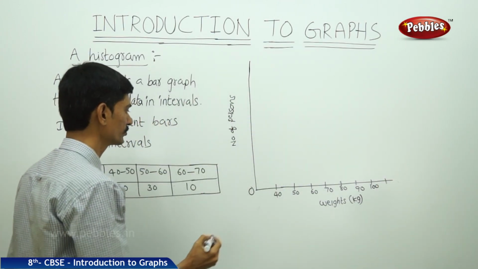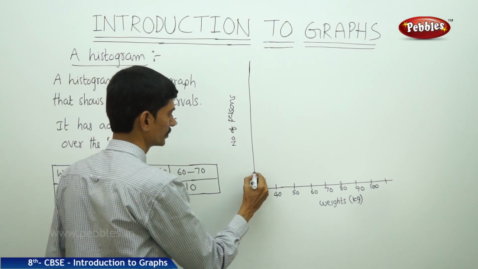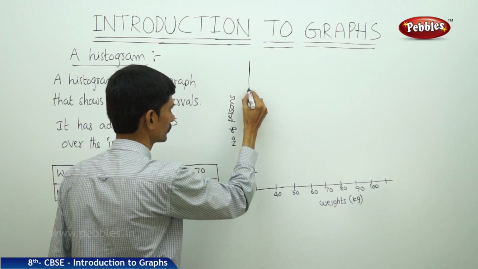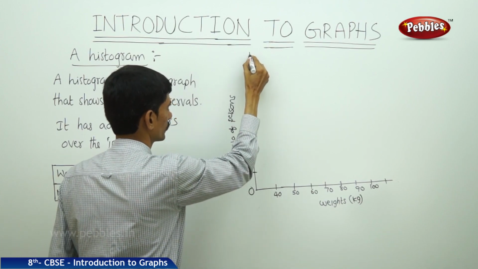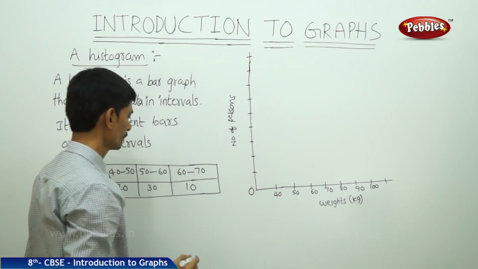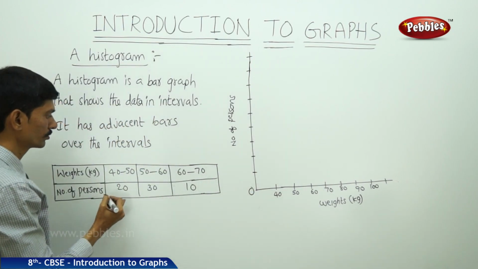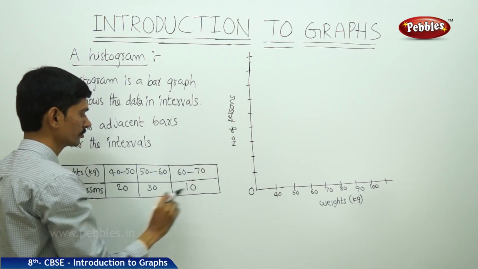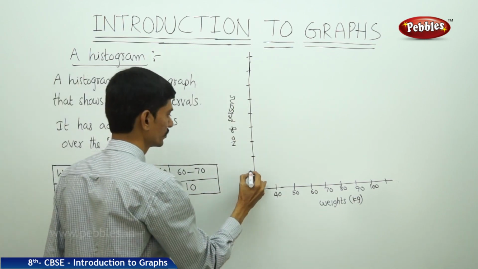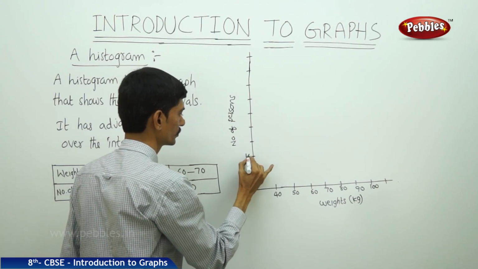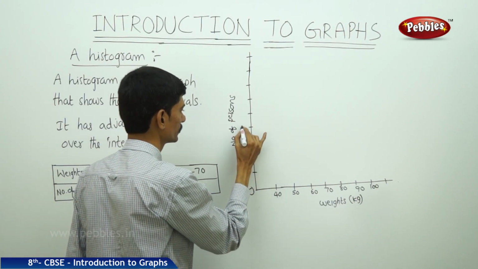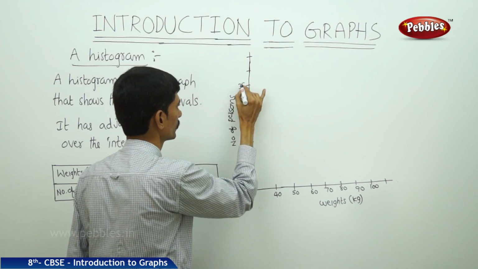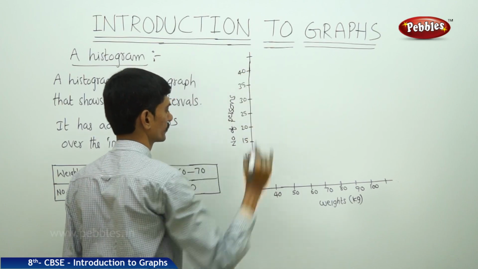On the vertical line also we will make equal parts. To show the number of persons on the vertical line, we will take the multiples of 5: 5, 10, 15, 20, 25, 30, 35, 40.